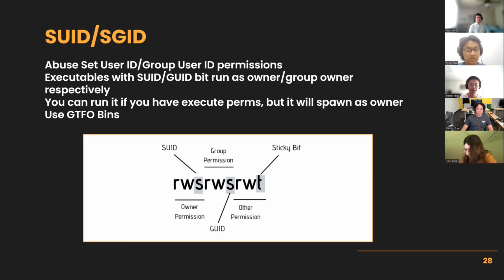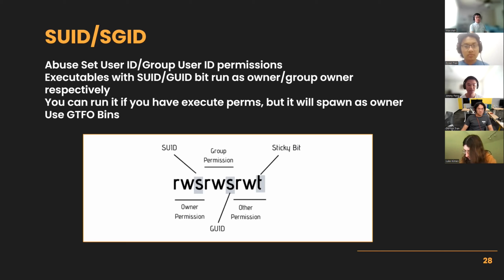So in the picture, we could see that instead of the x for execute in the permission bit, we have an s instead. This signifies either the SUID or the SGID, which are specified in the owner octet and the group permission octet.